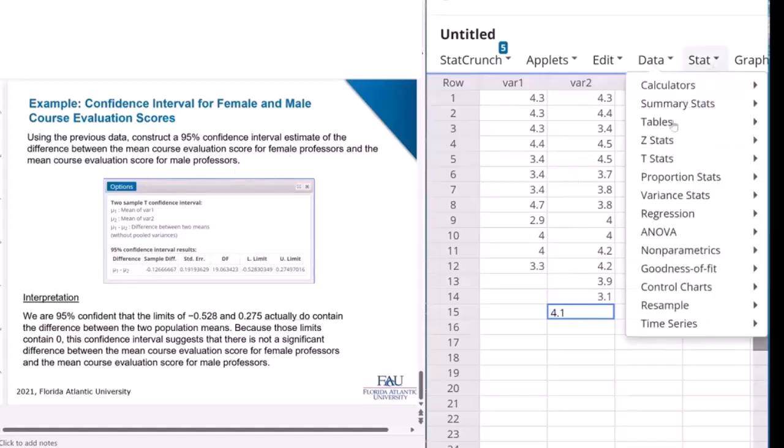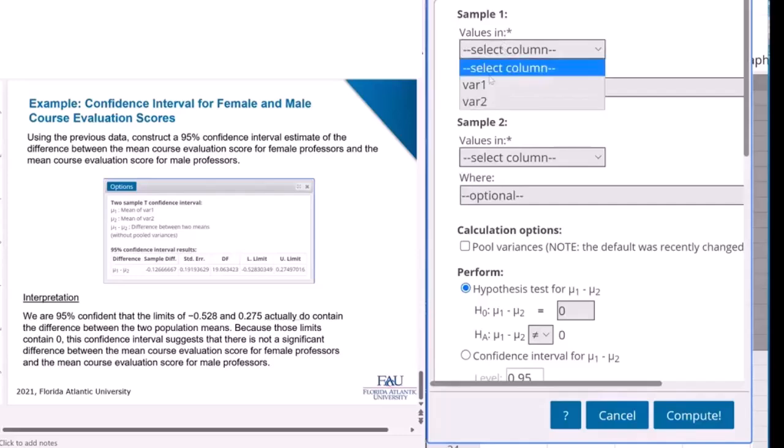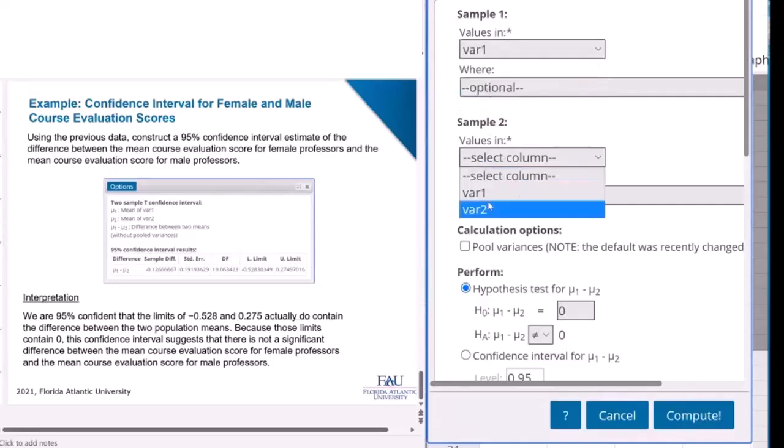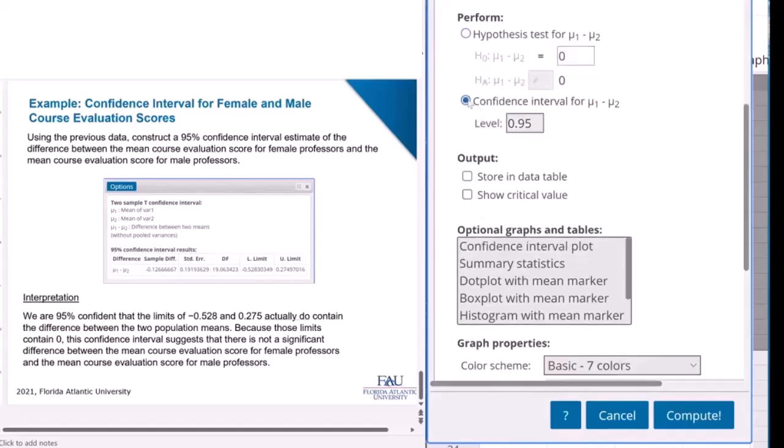I go stat, t-stats, two-sample with data, same as before, x bar 1, x bar 2, and now I'm doing a confidence interval. This is a two-tailed test. I'll have some part of it here and some part of it here.